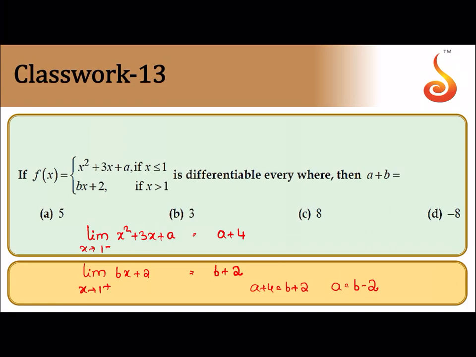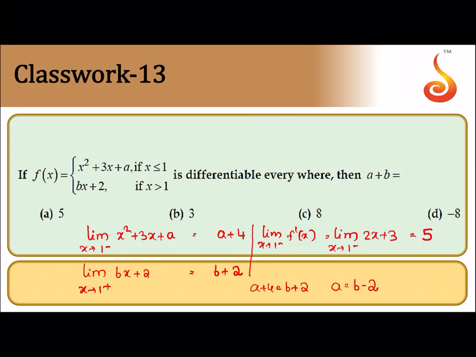Similarly, limit x tending to 1 plus, bx plus 2 will give you b plus 2. So both are equal. So we get a plus 4 equal to b plus 2, or a equal to b minus 2.